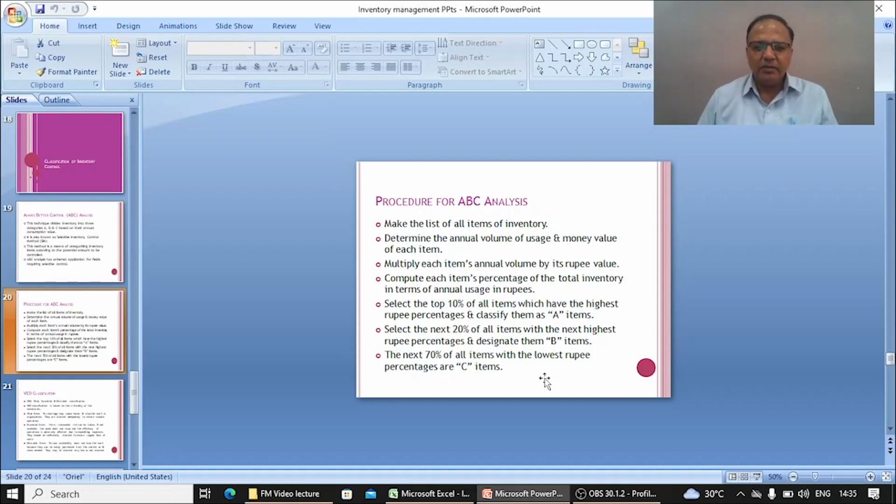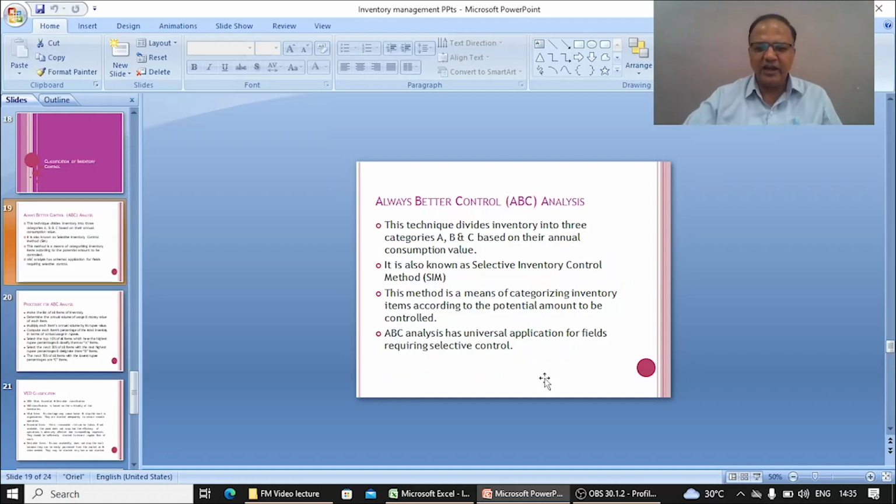So this is the procedure for ABC analysis. In a nutshell, if we again repeat it, always better control, ABC analysis, is a technique of classification of inventory. In this classification, we divide all inventory in three categories: A, B, and C, according to annual consumption value.